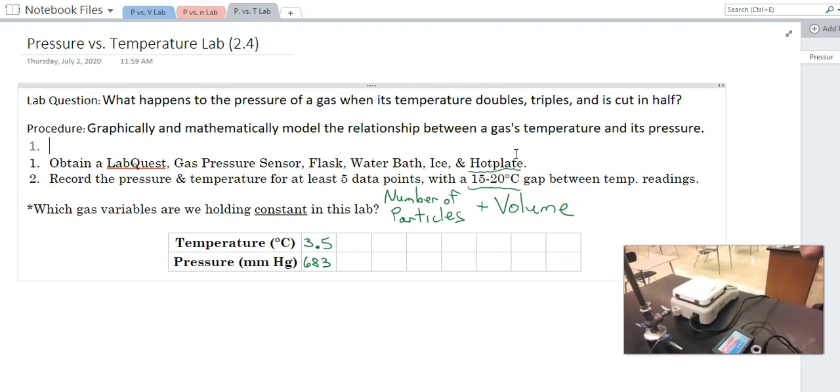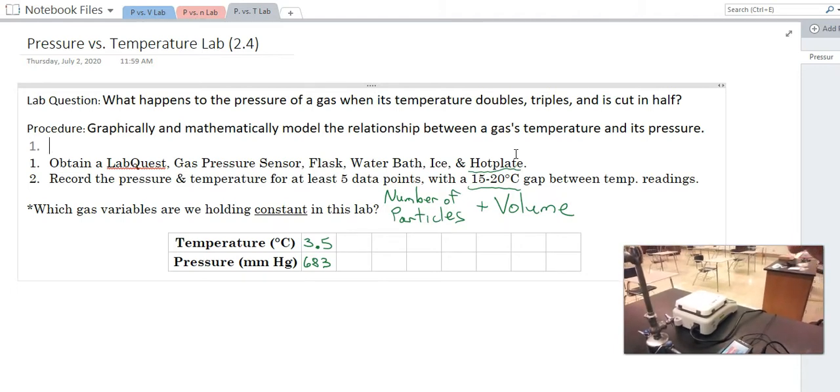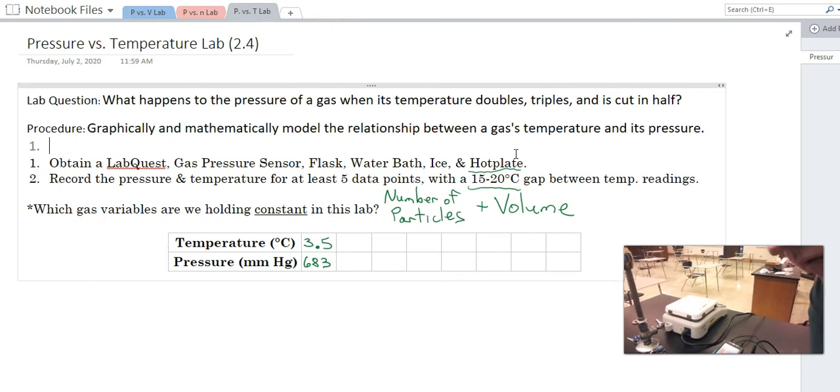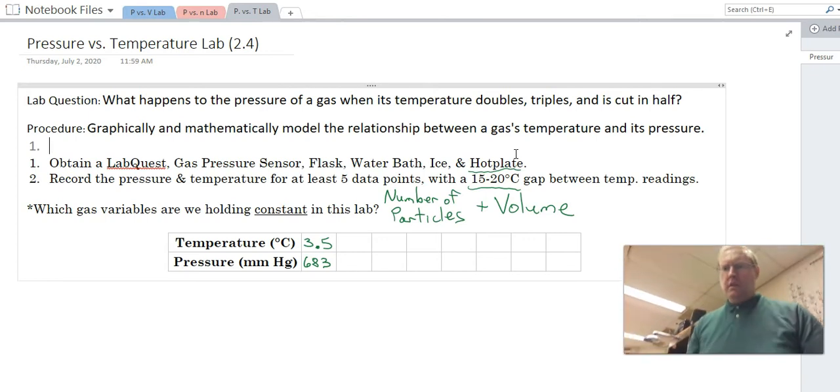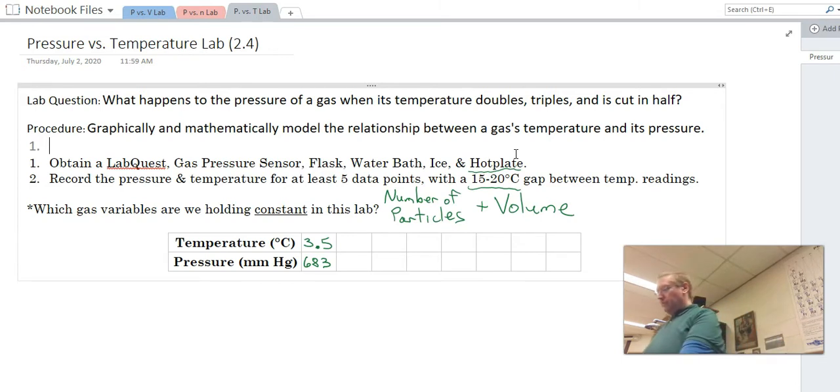So there's my hot plate, and right now it is set on about a medium heat. So what I'm going to do right now, I'm going to take this flask that's still in my water bath, still connected to the pressure sensor, and the temperature probe's in there too, and carefully set that right on my hot plate.